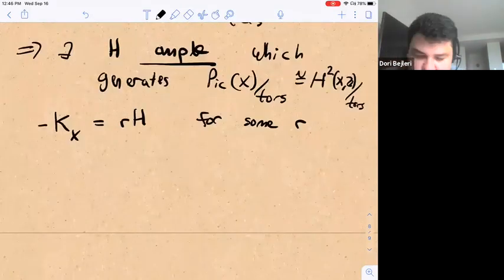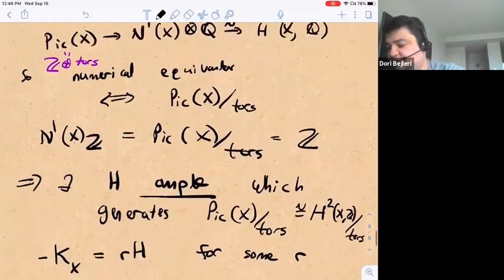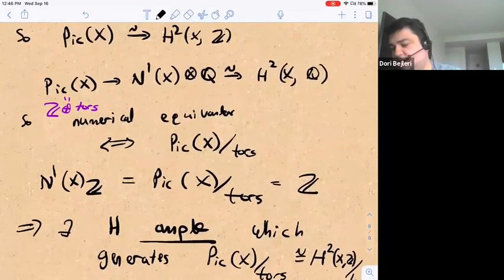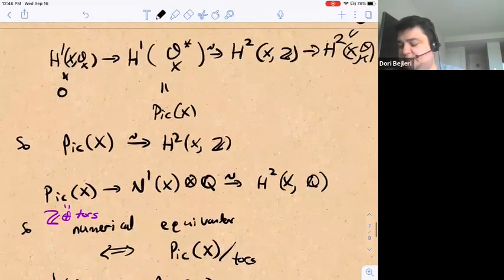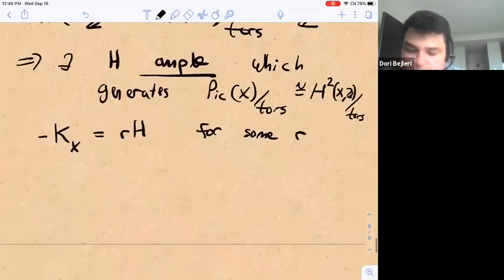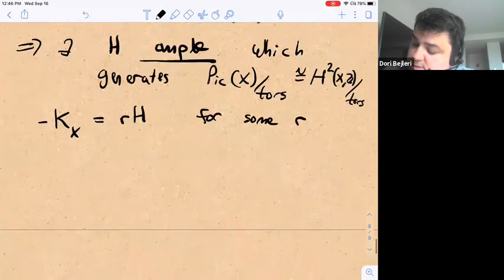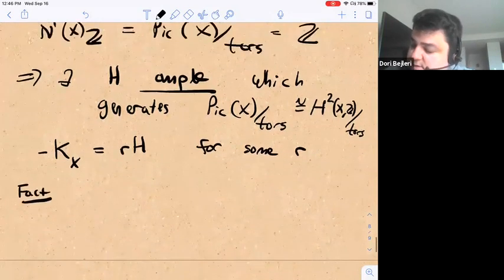Great. And then here's a fact about Poincare duality. So again, here I'm secretly using that the intersection product under this map to cohomology is the same as the pairing in Poincare duality. And so it's just a fact that if we take this H, it's a generator for the free part of H2 of the singular cohomology.